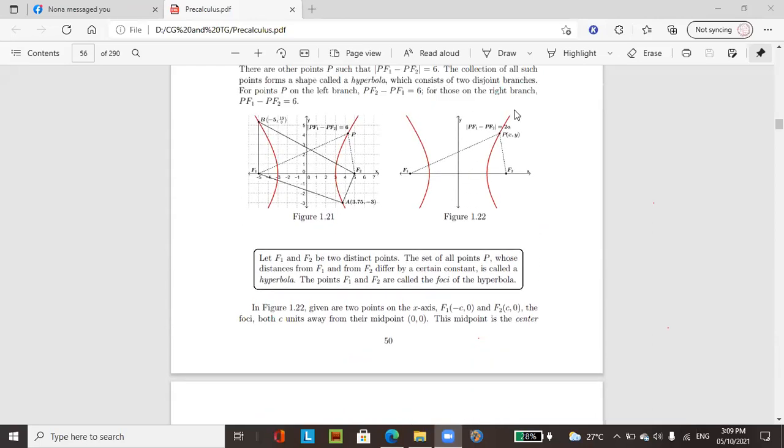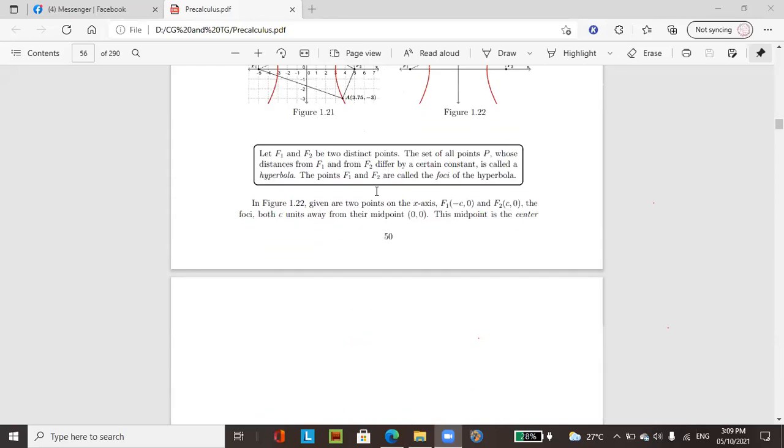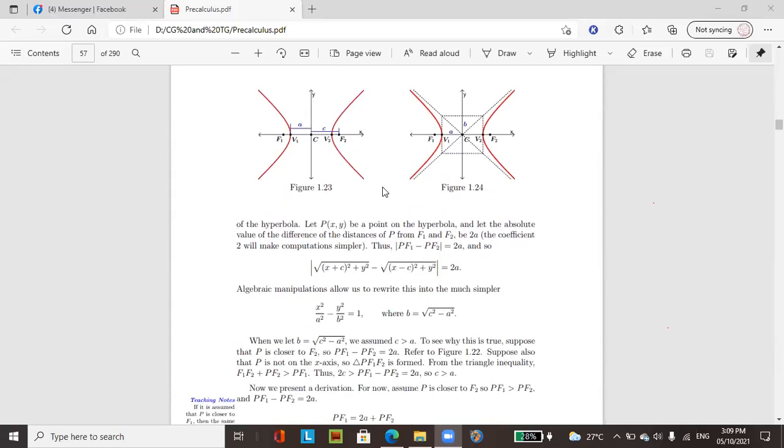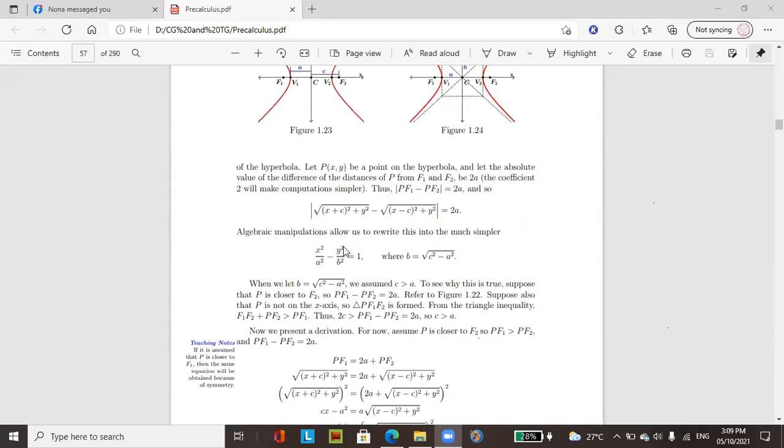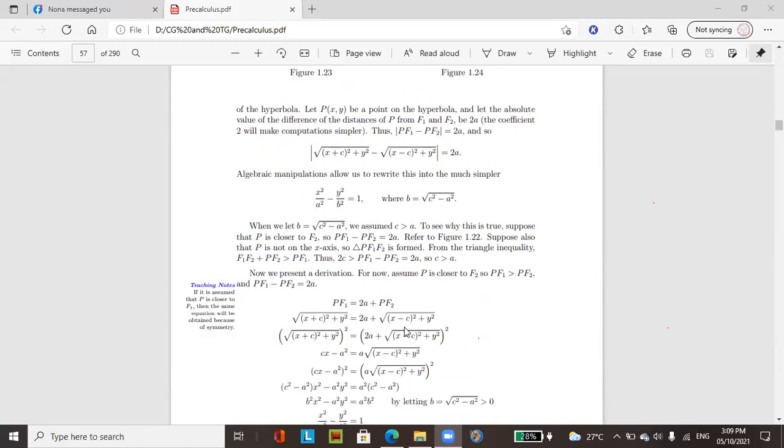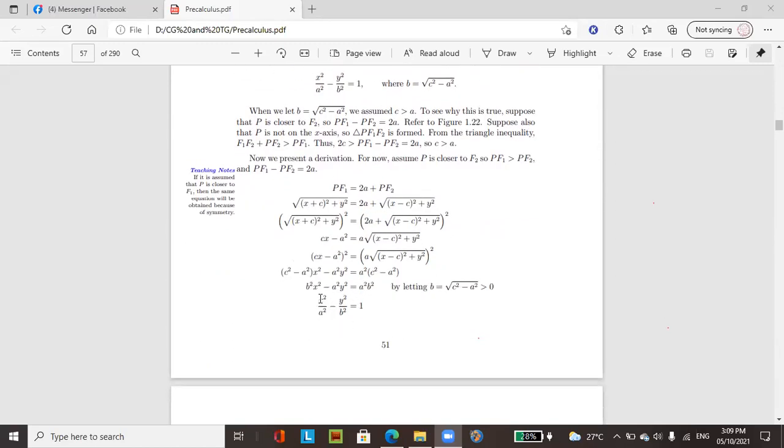Thus, using this definition, we can derive the equation of the hyperbola. We will use the distance equation, and from that we can derive the equation.